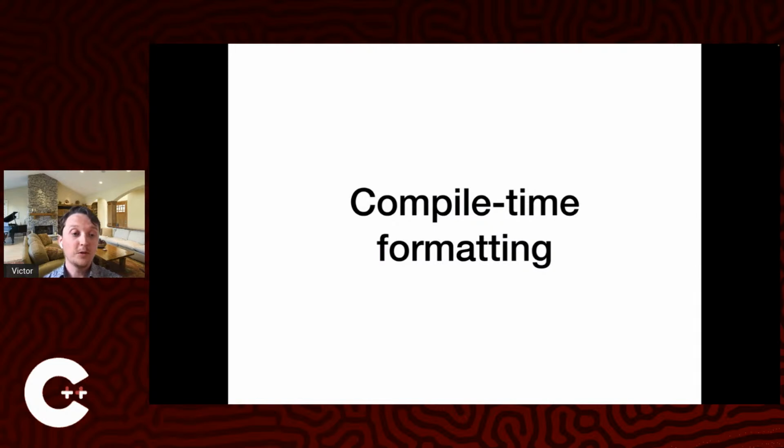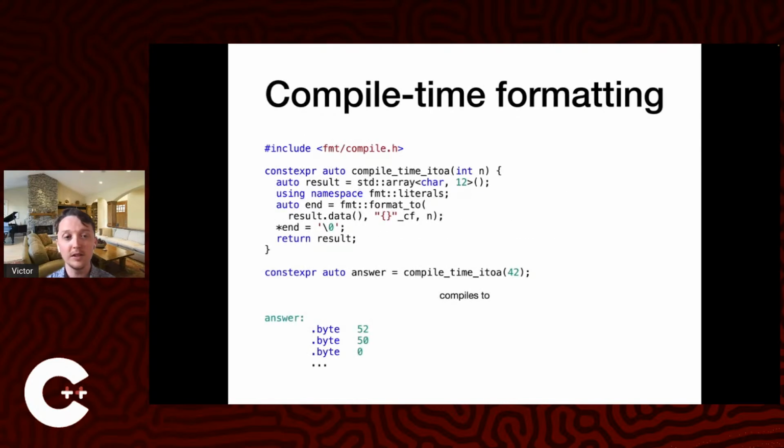So this brings us to the third part of the compile section, which is compile-time formatting. Yes, it's very self-descriptive. Here's a little example that shows how to convert an integer into a string at compile time. The only difference from the runtime format_to invocation is that we wrap everything in constexpr and carefully choose types that are constexpr ready.